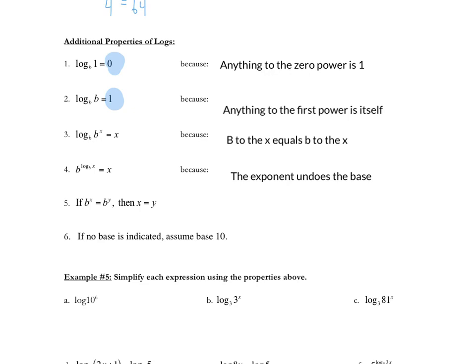3 and 4 are our inverse properties. Of all the things we talk about today, these are the two that trip the most people up. So the big idea here, if I look at number 3, it's really asking me b to what power, right? That's the question a log asks, equals b to the x, right?